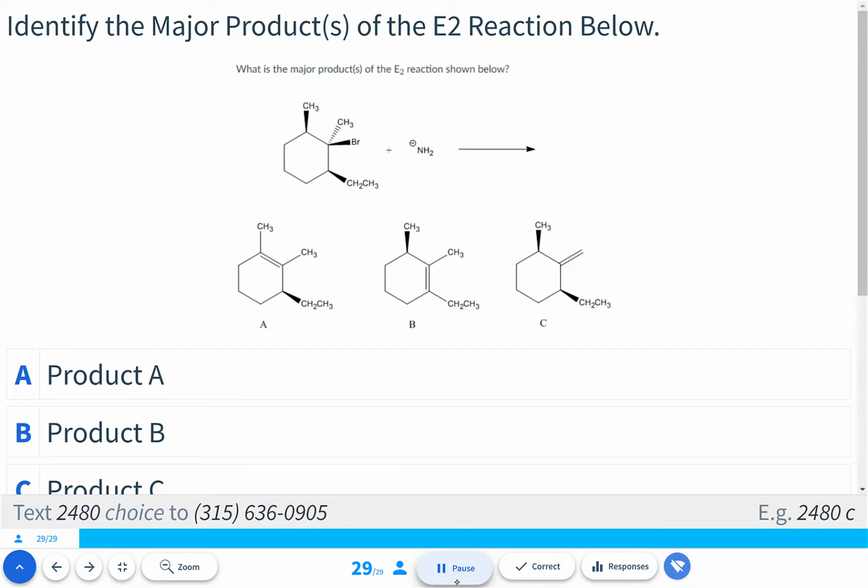We ready to revote? Or keep your answer the same? I'll give you a few seconds to go ahead and, if you want to change your answer or not.